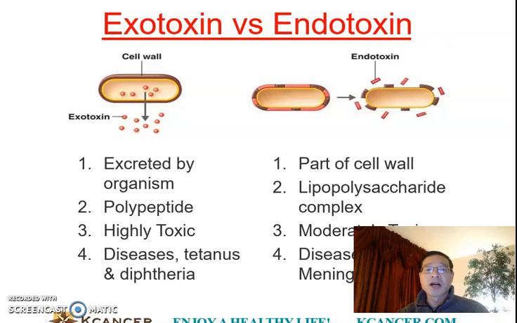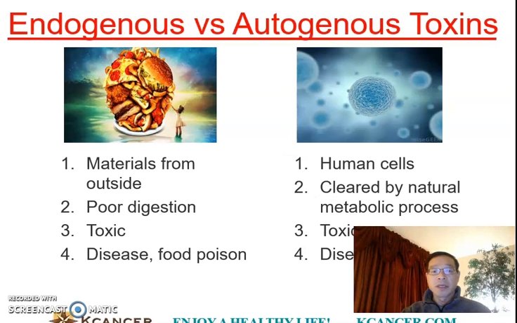So here is a clarification that exotoxin and endotoxin should be classified under the environmental toxin, because this toxin comes from the environment: bacteria get into the human body, and then the toxin is released. Another big confusion is endogenous toxin and autogenous toxin.